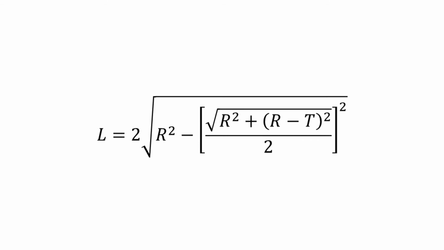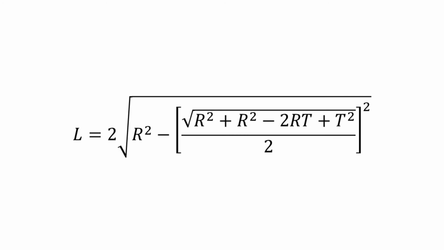So what I'm going to do next is expand that r minus t squared. It's called a perfect square. Essentially that forms r squared minus 2rt plus t squared, and that's what we've just done here.